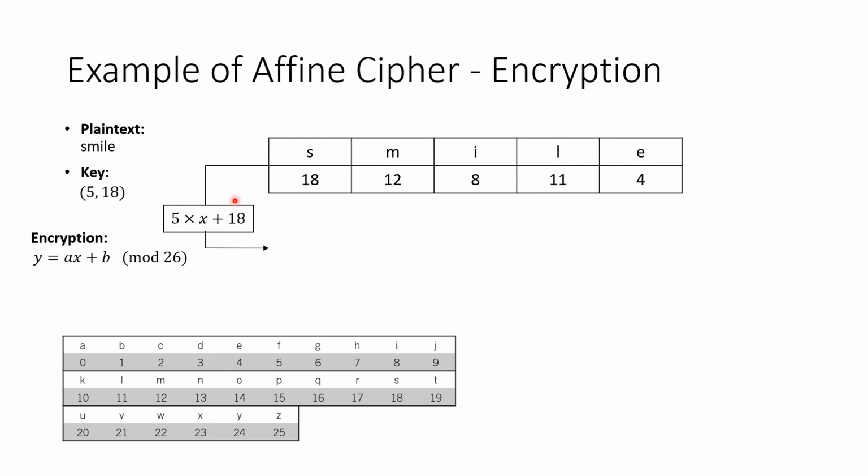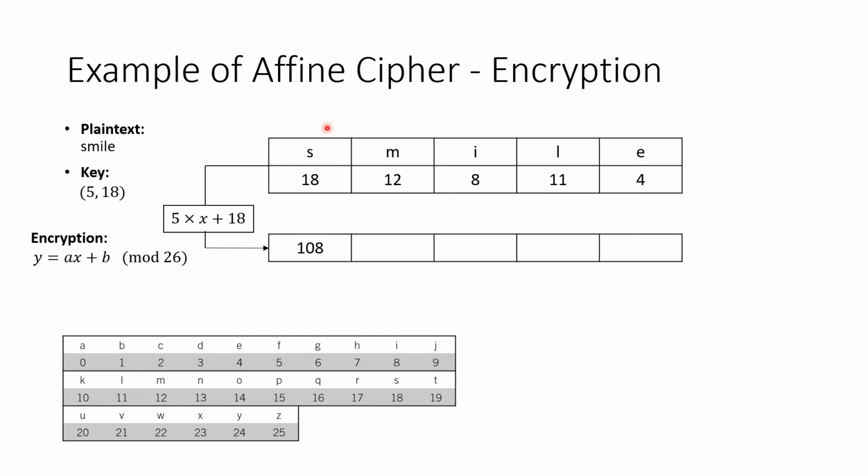So 5 times 18 is 90, 90 plus 18 is 108. So that's the value we'll plug in underneath S in this case. And next we do the same process for all the remaining values. So we plug in 12, 8, 11 one by one into that equation.